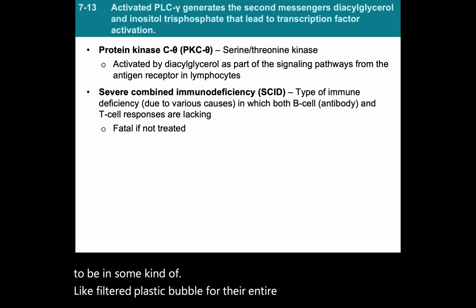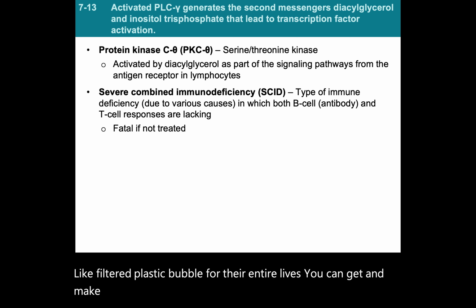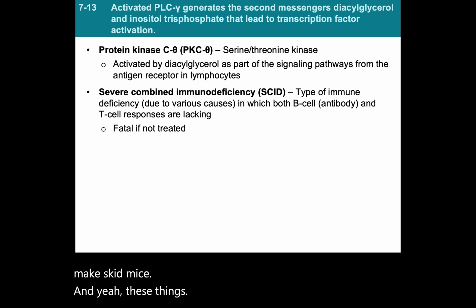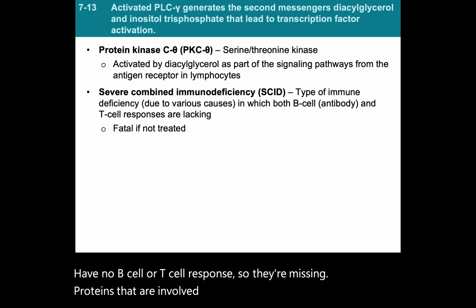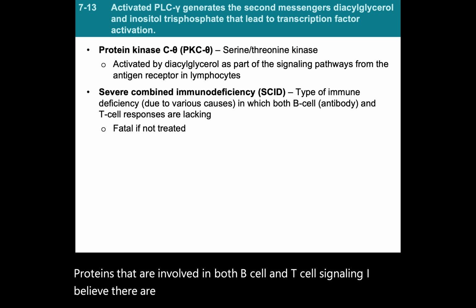You can get and make SCID mice. These things have no B cell or T cell response, so they're missing proteins that are involved in both B cell and T cell signaling. I believe there are different ways to actually make these.